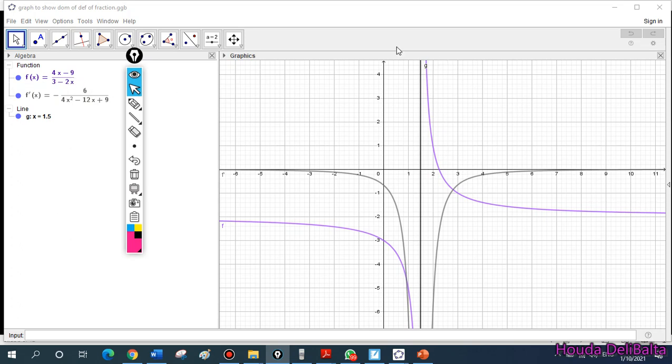And that's for its derivative f prime of x. So as you see, both are not defined at the same value, which is 3 over 2. That's 3 over 2 between 1 and 2.